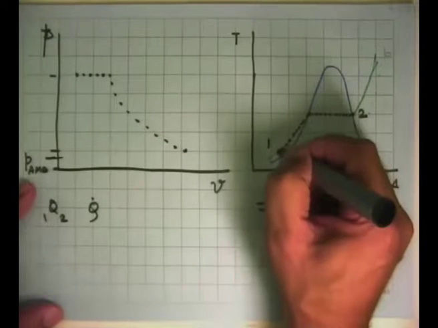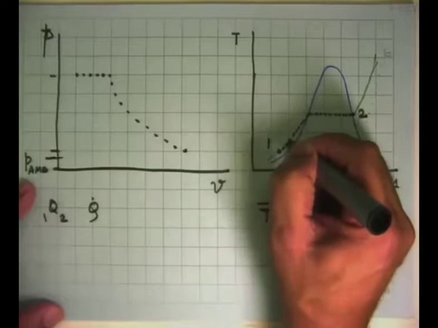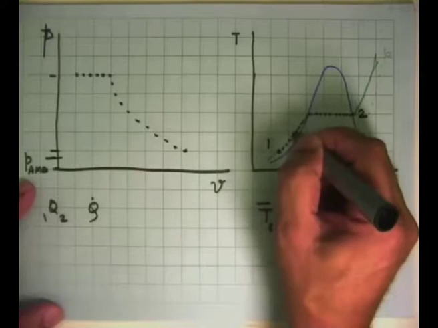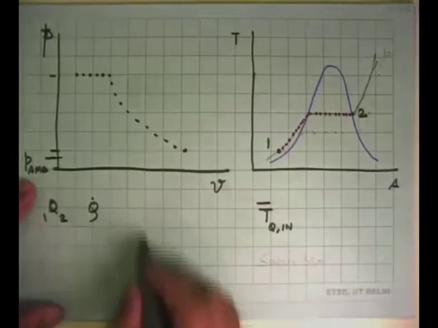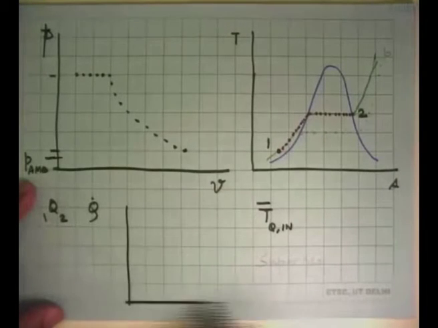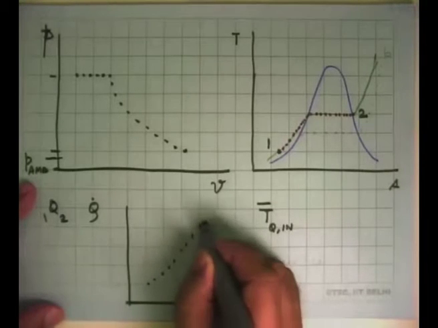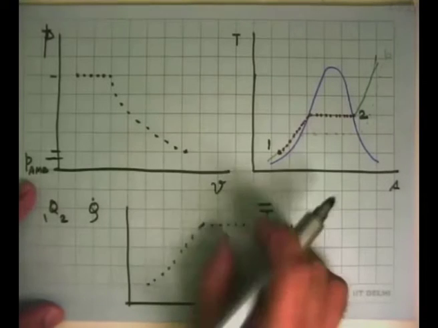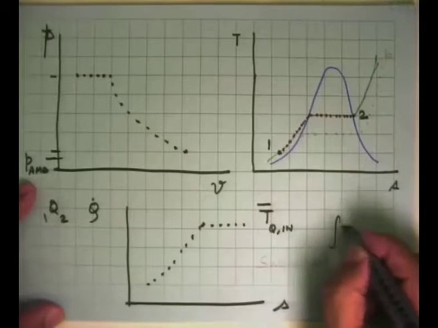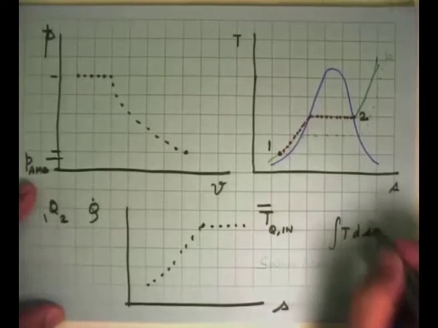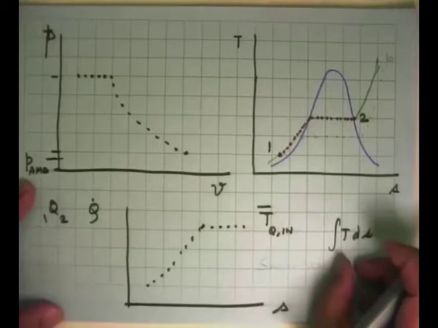We added heat at some temperature, then a little more at this temperature, then a little more at this temperature, a little more at this temperature. So if I have to make it on a TS diagram, and we put all these states together, then we do what we did for this part, integral TdS as the heat added in that process.